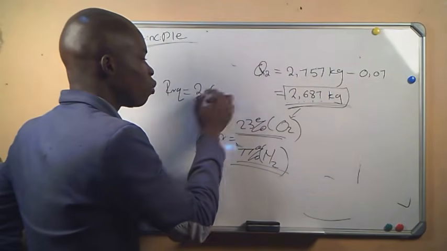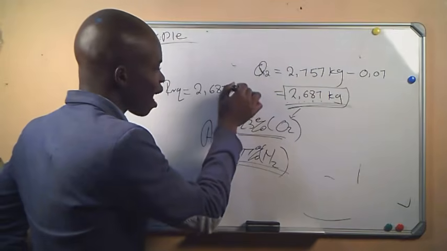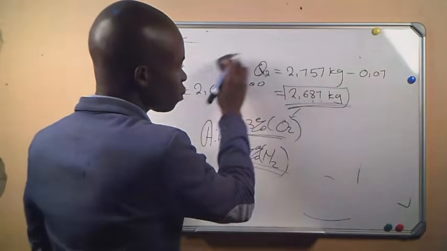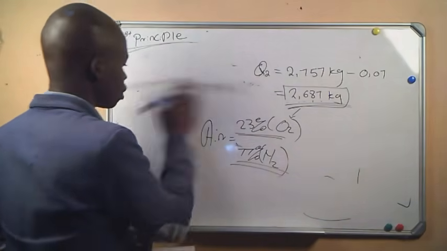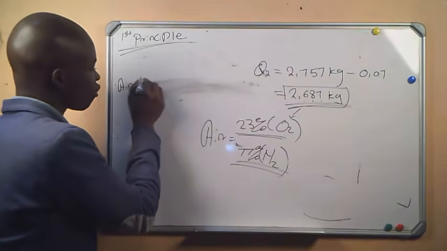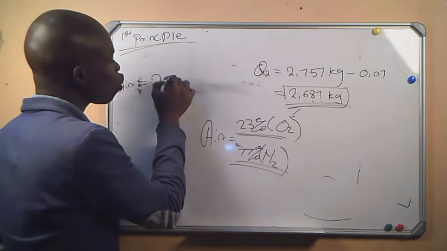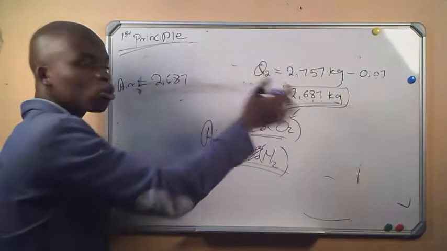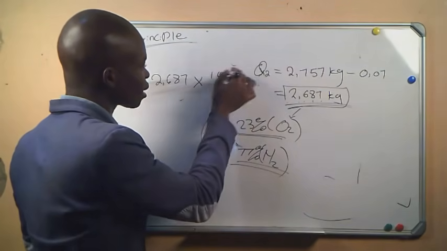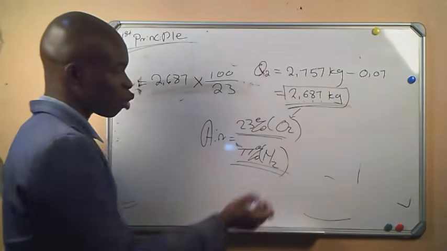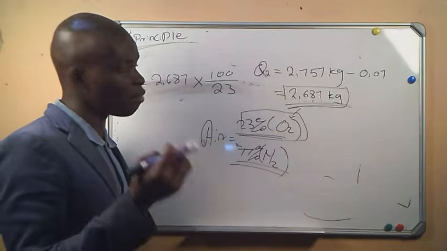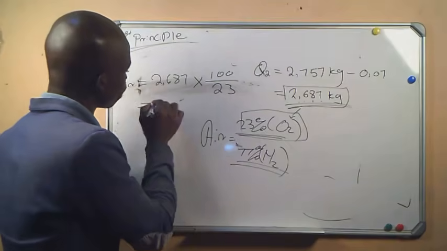So the amount of air required is equal to 2.687, which is the amount of oxygen that we require in this combustion, times 100 over 23, because we know that the oxygen that we have is only 23% of the air that we will have in the system.